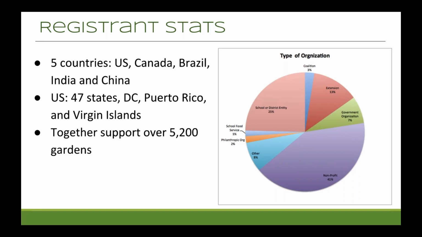And together we all support over 5,200 gardens. And we come from all sorts of different types of organizations. The majority of people who registered are from nonprofits, but also come from school or district entities, as well as extension offices, government organizations, school food service, and other coalitions as well.